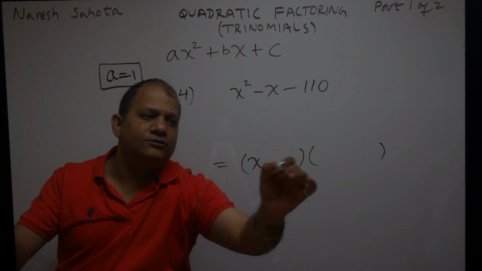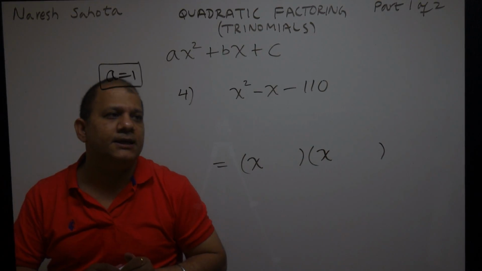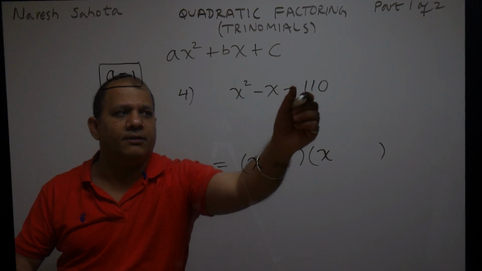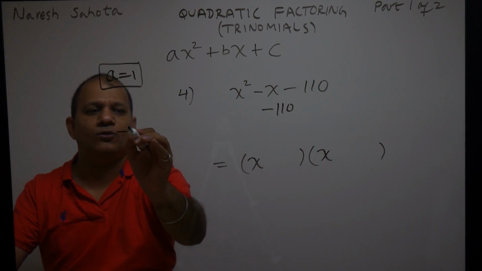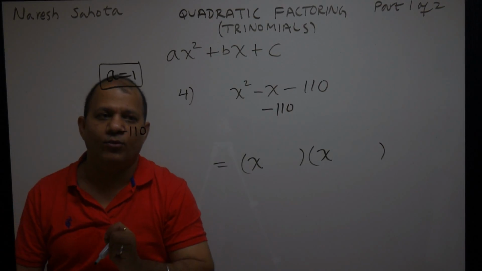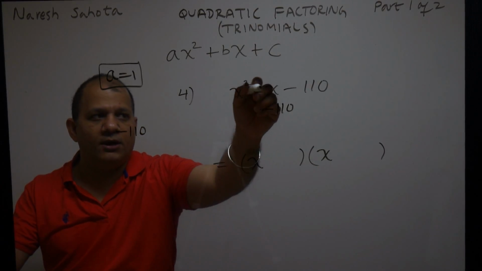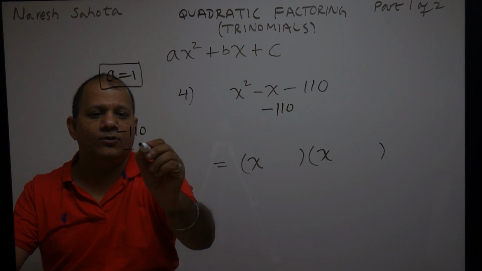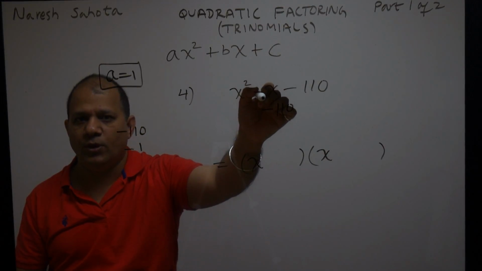So we make 2 sets of brackets, and the first term is x in both brackets. Now let's do our thing. Copy negative 110. We want to find two numbers that multiply to give us negative 110, and when we add those two numbers, we want to get negative 1, because b is negative 1.